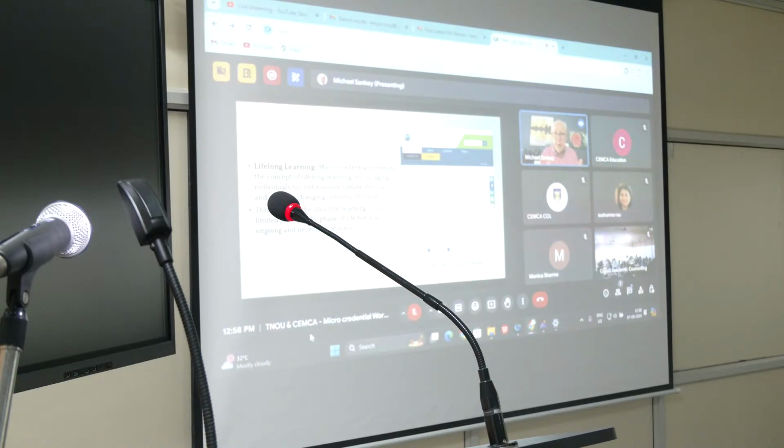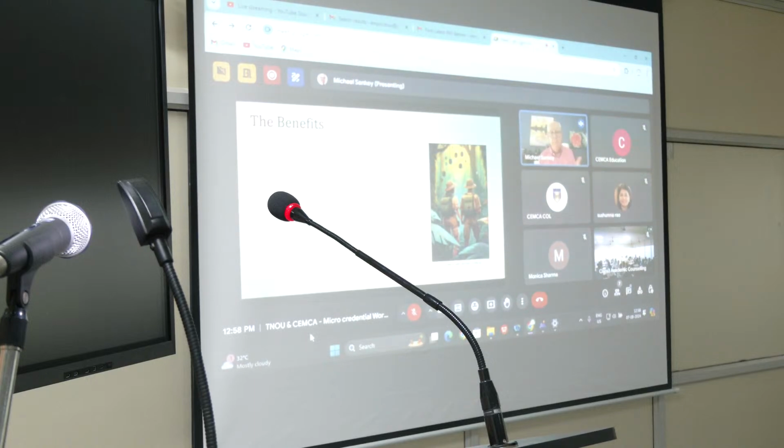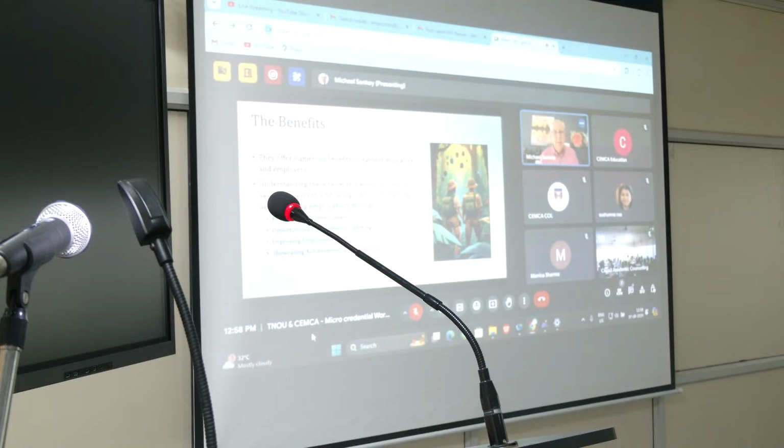And this supports that idea that learning is not limited to a specific phase in your life, so the 3 or 4 years you're doing a degree, but it is actually an ongoing process of having to learn and be involved. So there are a whole range of benefits, and we've already heard a number of those today already.